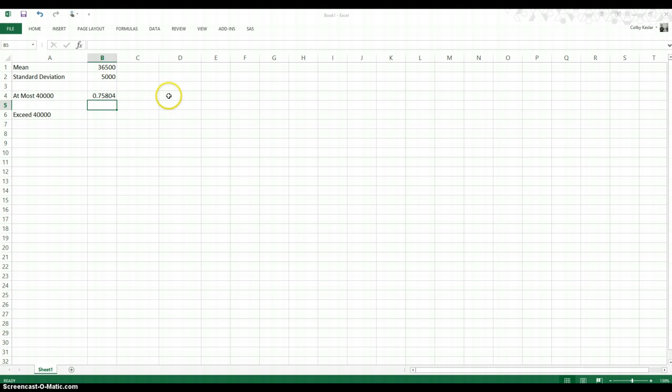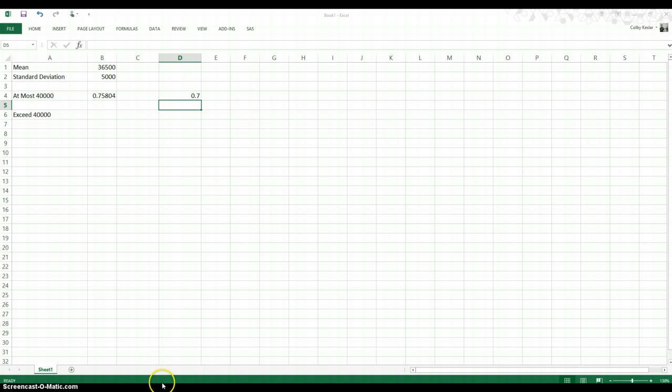And one thing to notice here, if I had found the z-score for 40,000, so let me just do that over here. In order to do that, I would do the number I'm interested in, 40,000, minus the mean, 36,500, and then divide that by my standard deviation of 5,000. I get 0.7.